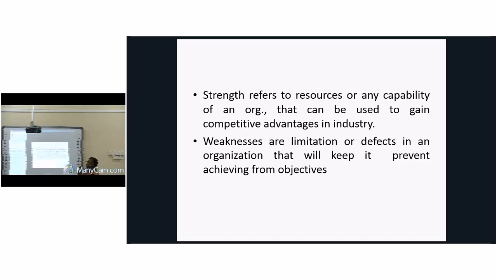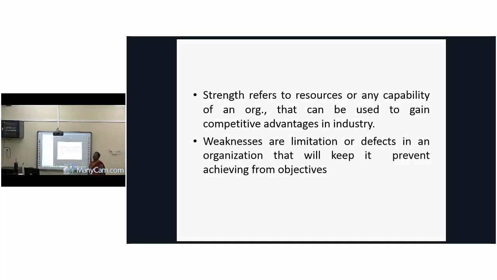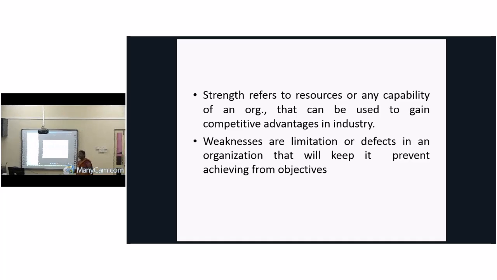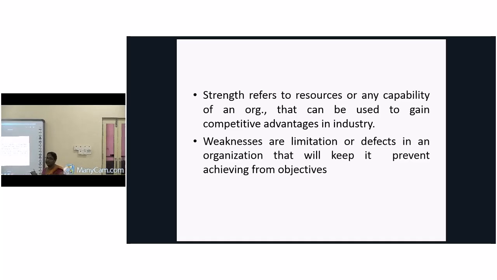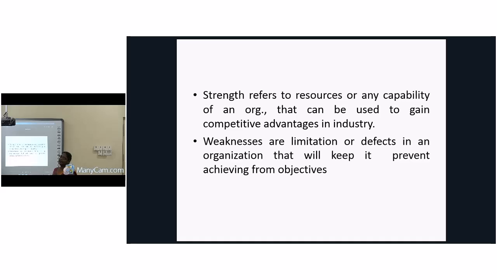Sometimes we call defects weaknesses. For example, there may be a certain defect in our controlling system. Simply say, one of our controlling systems is the attendance register. It is a very simple controlling mechanism.